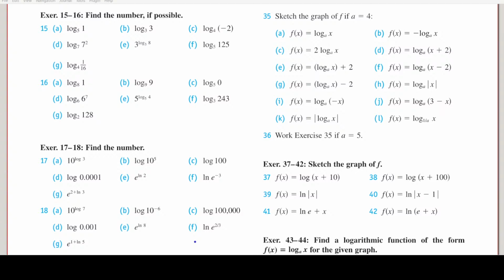Next one, D. D is very easy. Just by looking at it, you should tell. 2. Very good. E. Just by looking at it, you should tell.